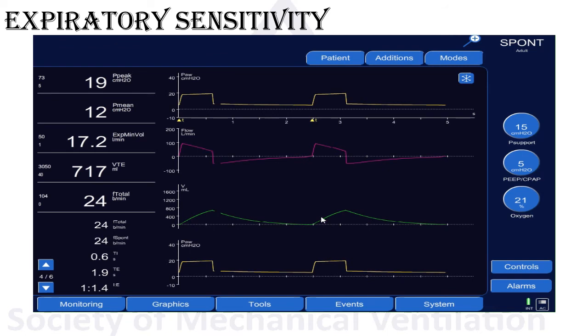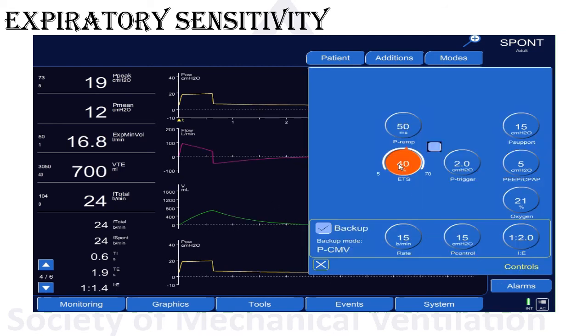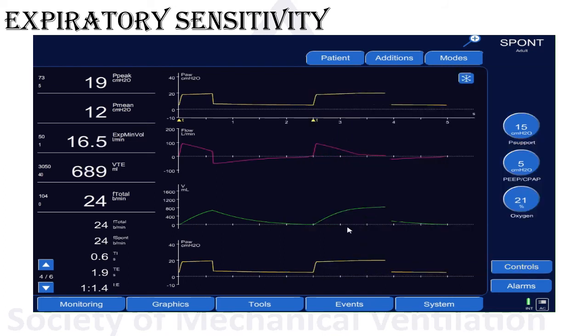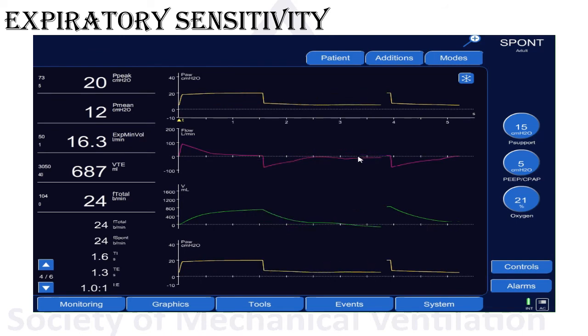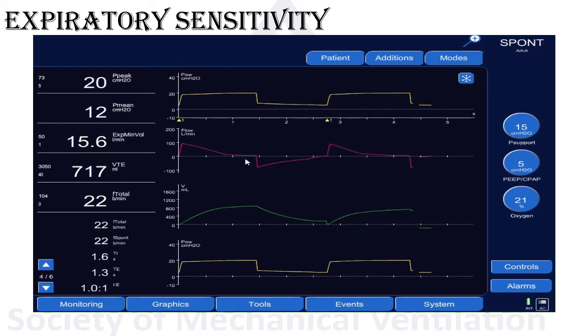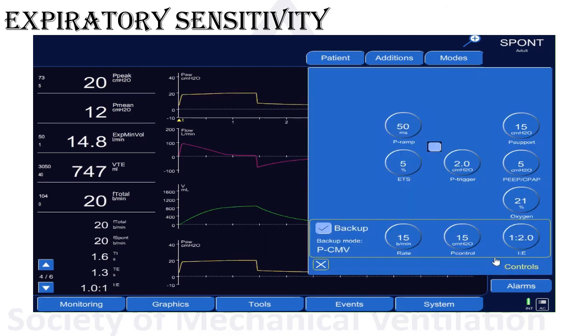What you're trying to really match is the patient's diaphragmatic muscle effort, because if this number is set very low, at 5 in this example, you can tell the effort of the patient stopped here, but we're continuing the inspiration for no reason. So you try to match it to the patient's inspiratory effort, and that could be a little bit tricky. But again, it's usually set at 25%.